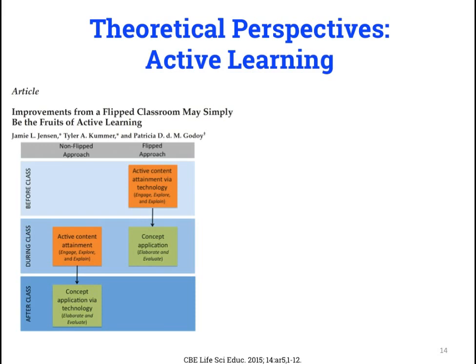So interesting in that I wouldn't consider an active non-flipped class to be a traditional model, but it does go to show you that you could implement active learning without necessarily demanding preparation before class, and that's essentially what they were trying to show, is that maybe it's not the order so much that's important.